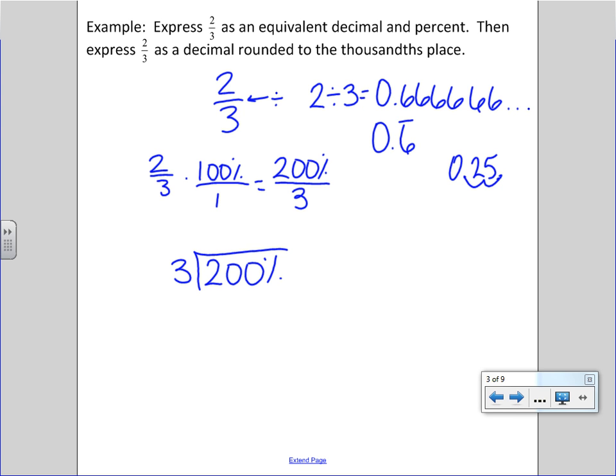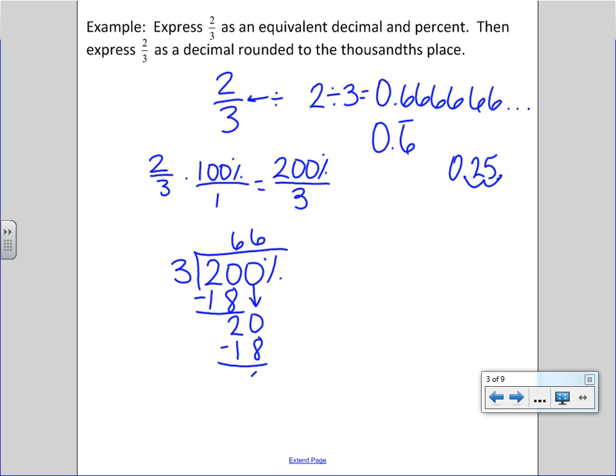3 doesn't go into 2, but 3 goes into 20. 3 will go into 20 6 times. 6 times 3 is 18. I'm going to subtract. 20 minus 18 is 2. Bring down that 0. I know that 3 will go into 20 6 times. 6 times 3 is 18.